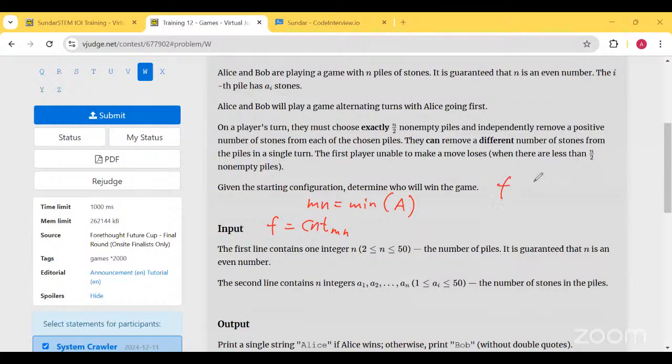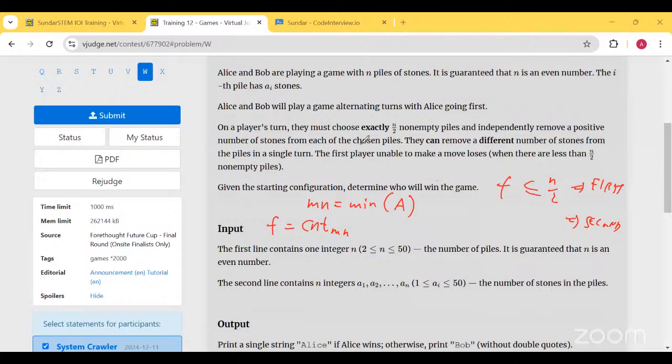Then if f is less than or equal to n divided by 2, then the first player wins the game. Otherwise, the second player wins the game.